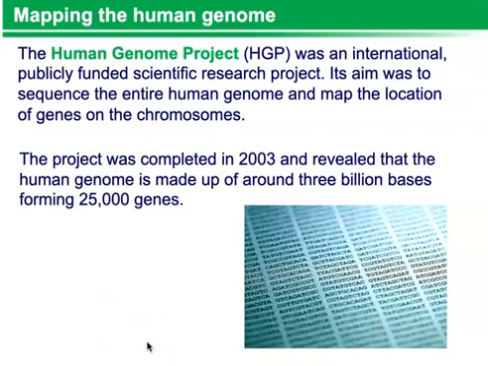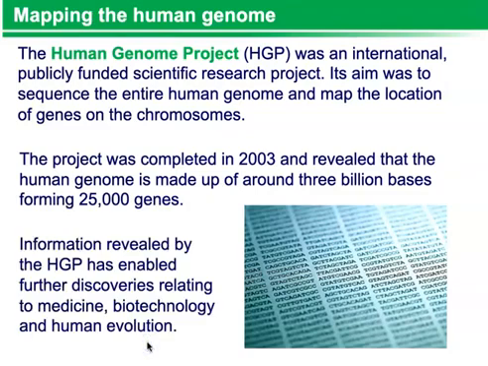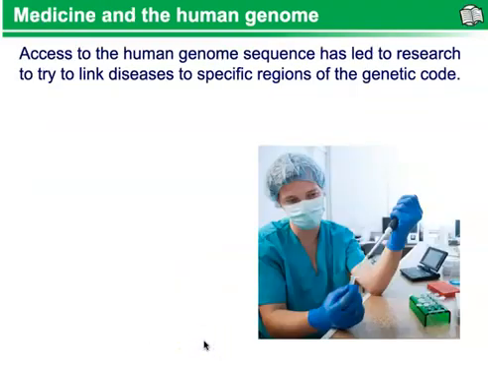The project was completed in 2003 and revealed that the human genome is made up of around 3 billion bases, forming 25,000 genes. Information revealed by the Human Genome Project has enabled further discoveries relating to medicine, biotechnology, and human evolution.